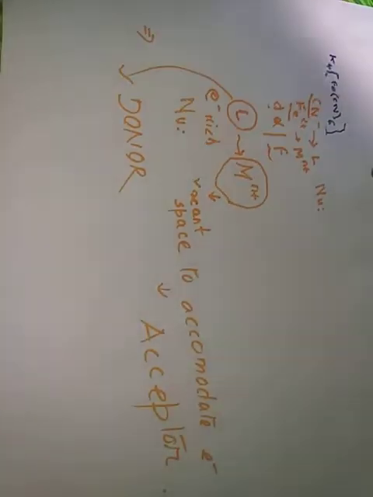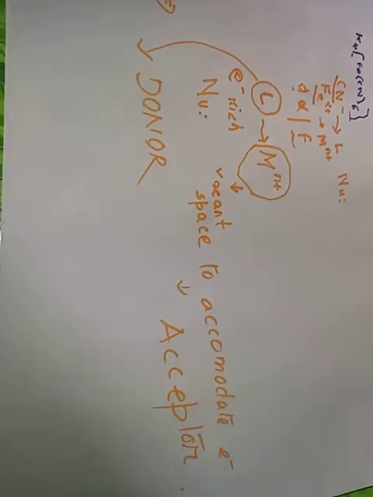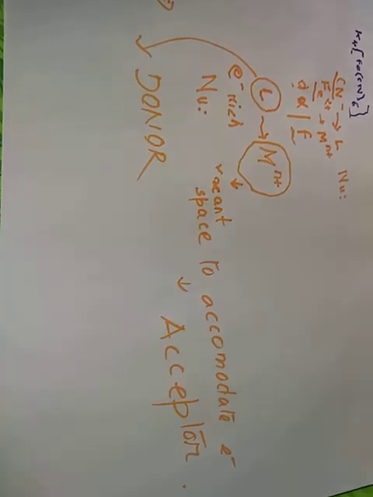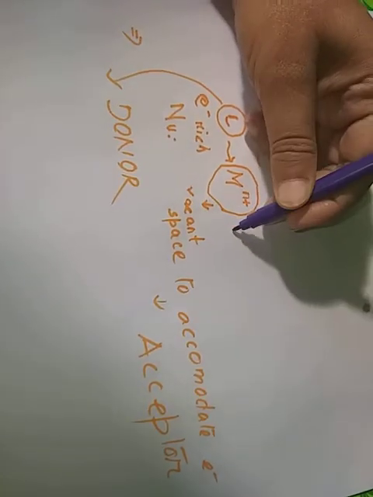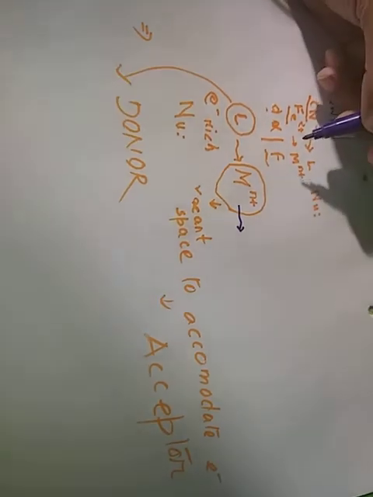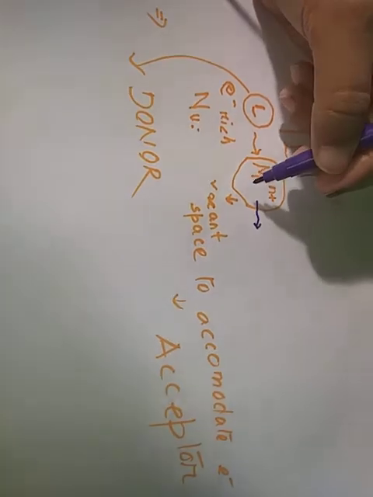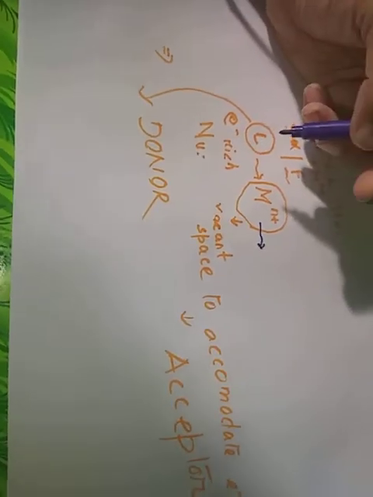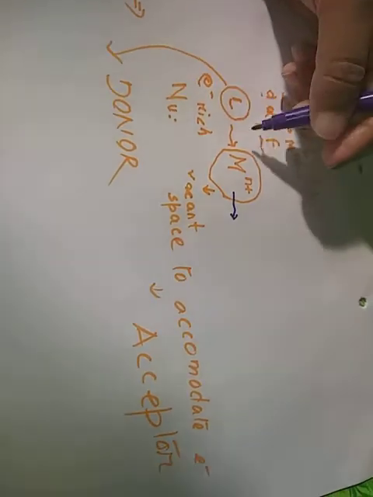It means that this particular species, the central metal, is having the partly filled d or f orbital. It has enough space to accommodate the electron pairs as shared pairs provided by the ligand.